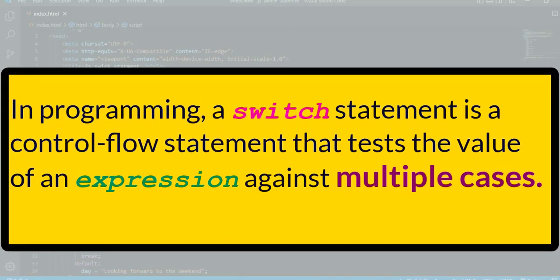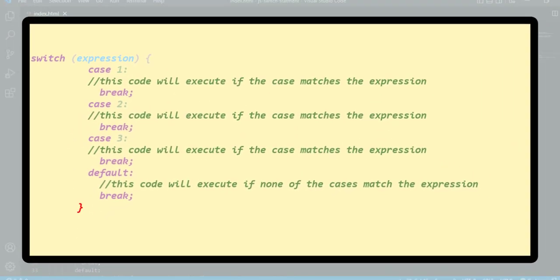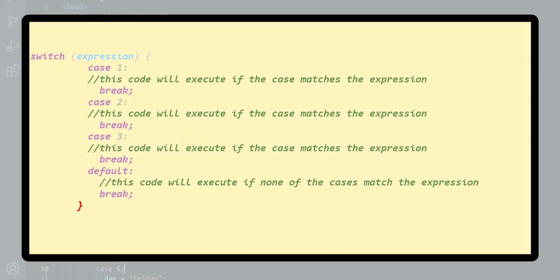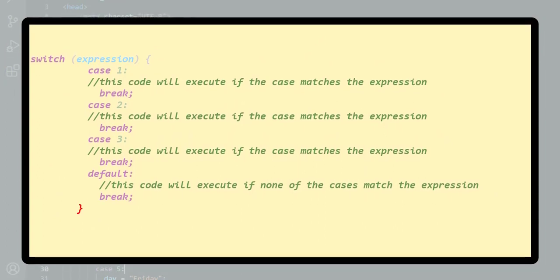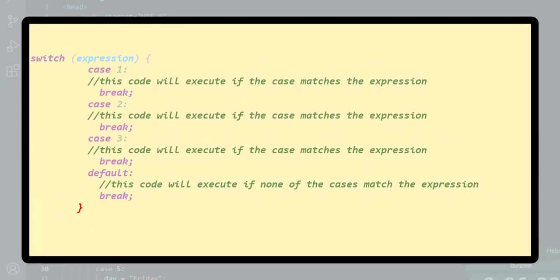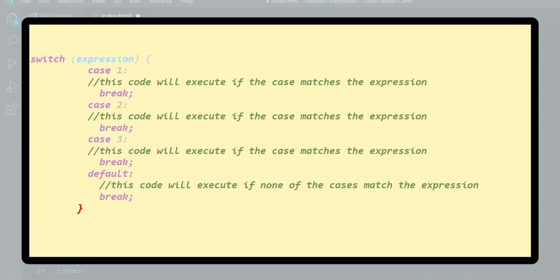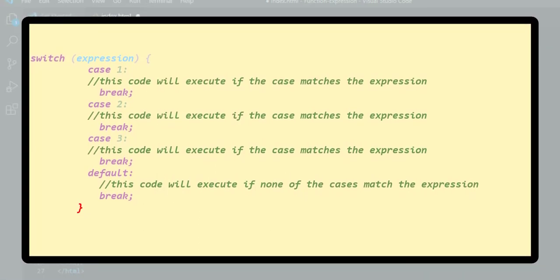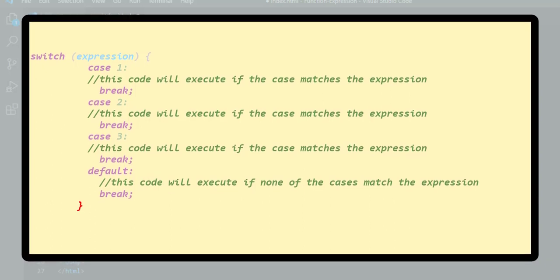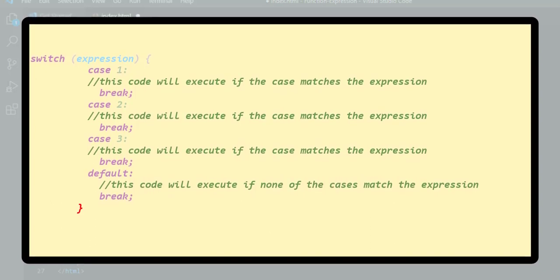In programming, a switch statement is a control flow statement that tests the value of an expression against multiple cases, right? So here we have the basic syntax for a switch statement. Here we have switch and then an expression, and here we have case 1.